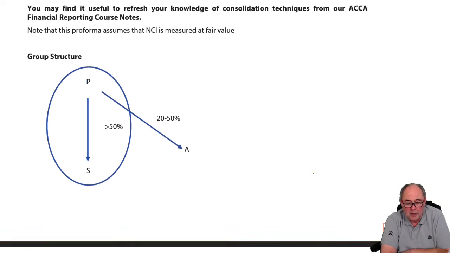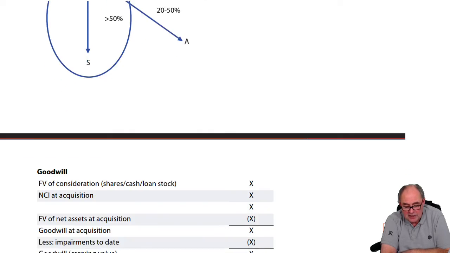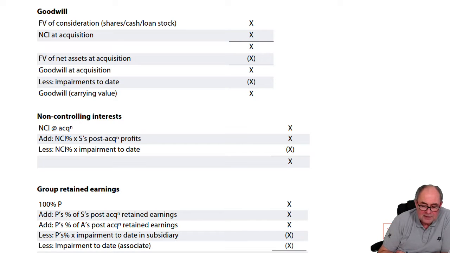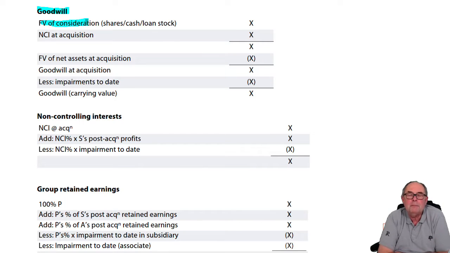The most important working is Goodwill. There are two ways of working Goodwill out because you can have different figures for the NCI, the non-controlling interest, and we'll talk about those later. But the principle for Goodwill is that you look at what you're paying, so that's the fair value of the consideration. If you're not buying the whole subsidiary, you've also got to bring in the value of the bit that's owned by others, the non-controlling interest.